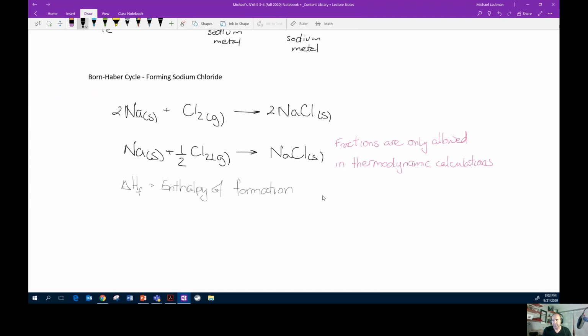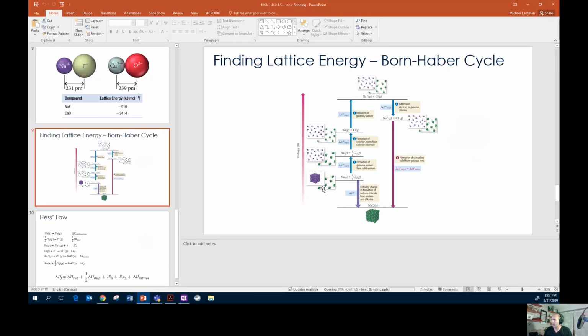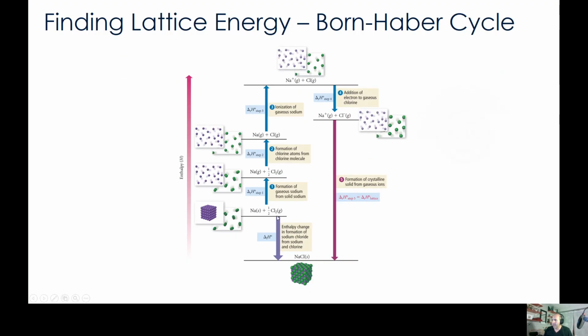And you can figure out the enthalpy of formation for a reaction. So that's great. Now, what a Born-Haber cycle allows us to imagine is, here we have the reactants going to the products. That's the direct route. That amount of energy is the enthalpy of formation, the difference in energy from where you start and where you end up.